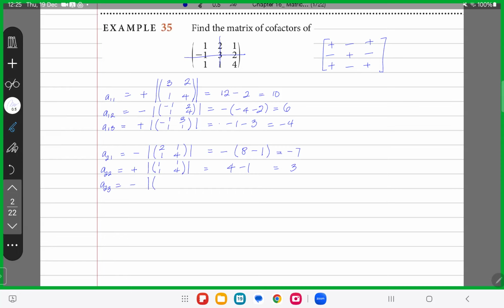Second row, third element. So I'm going to ignore the second row and the last column. On the third column, second row, ignore all those elements.